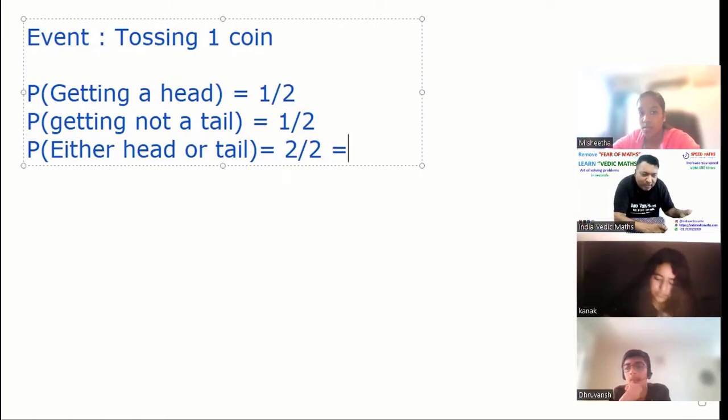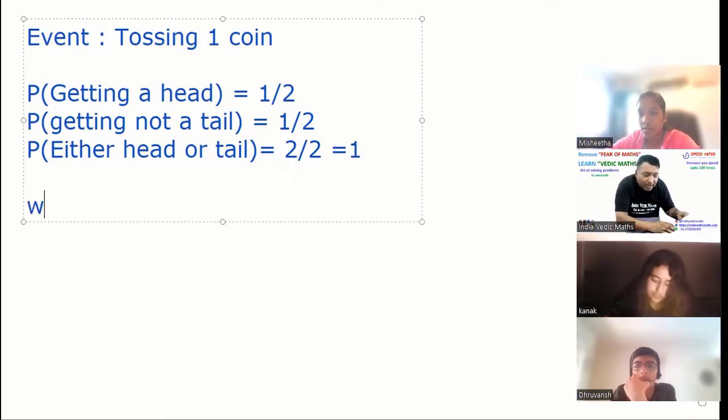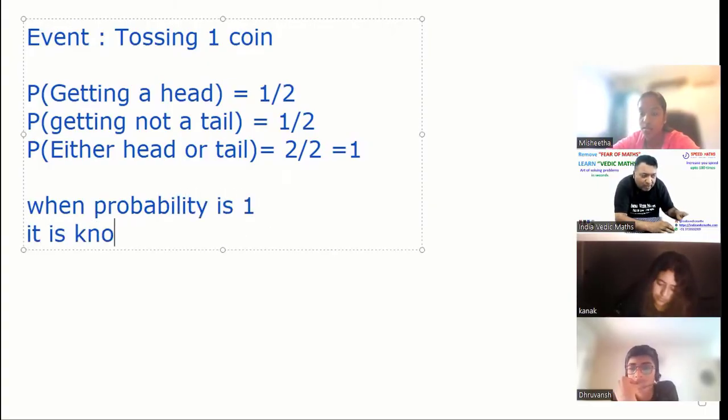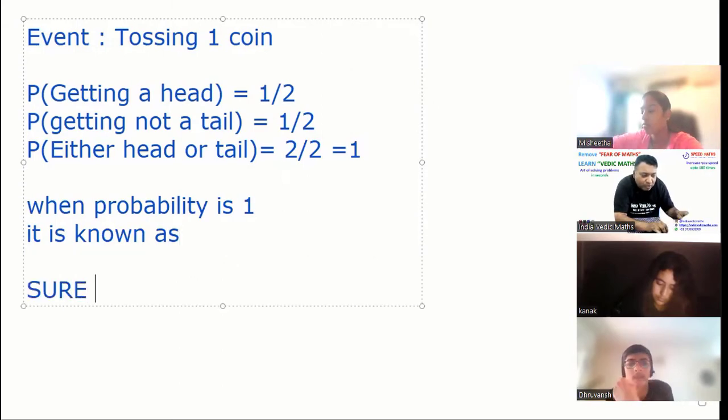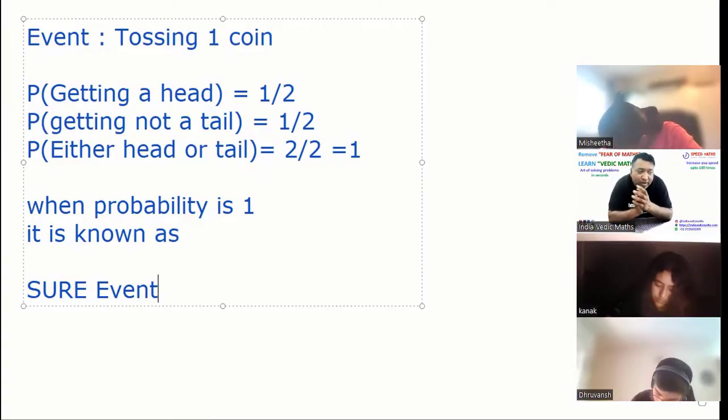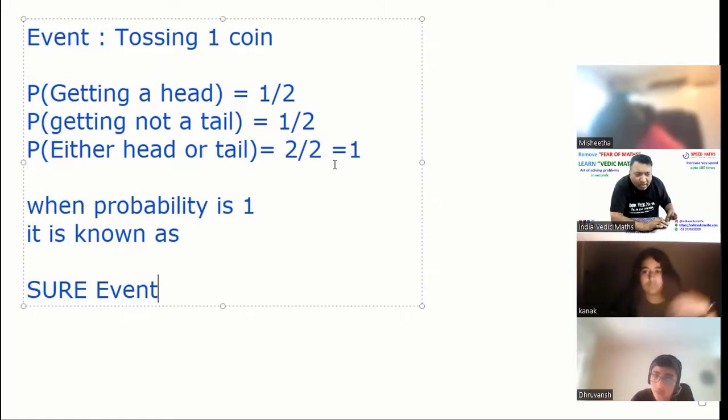So the concept is, when probability is 1, it is known as, write down, a sure event. Whenever probability of any event is 1, means 100%, it's a sure event. Probability of getting either head or tail is 2 by 2. So you can say this is a sure event. Cool.